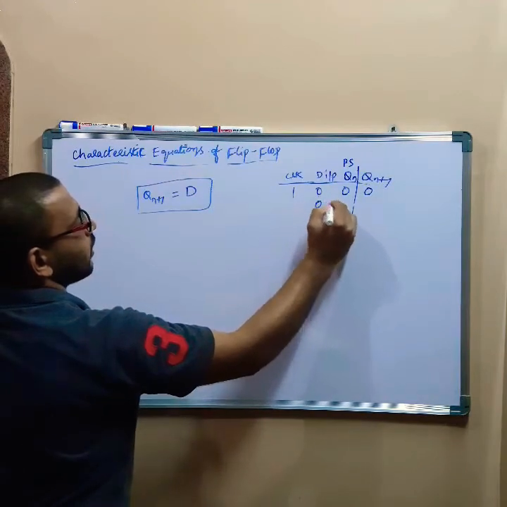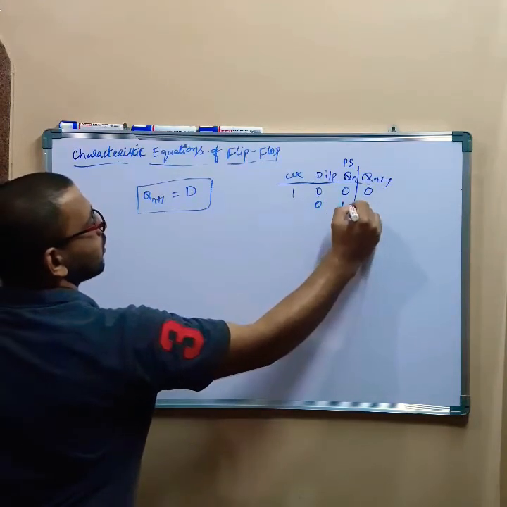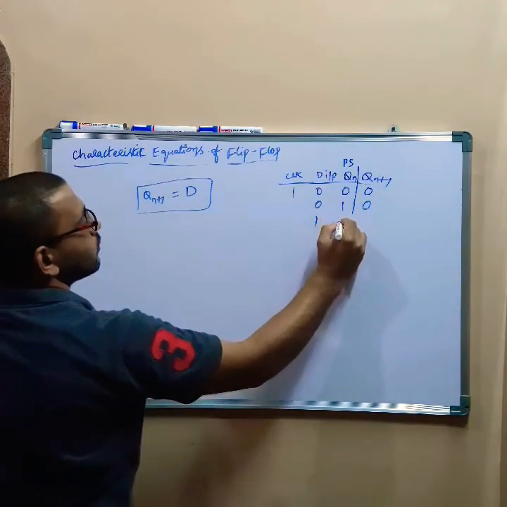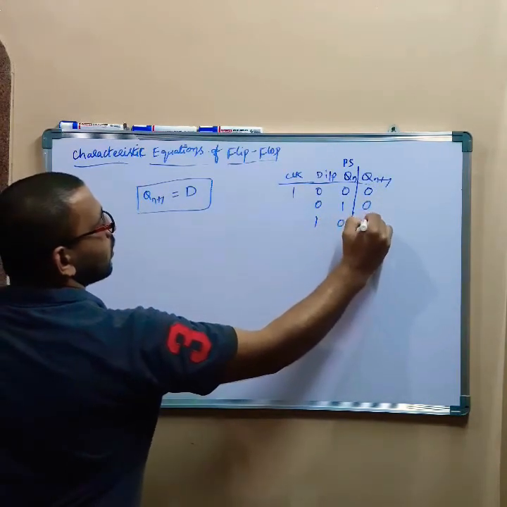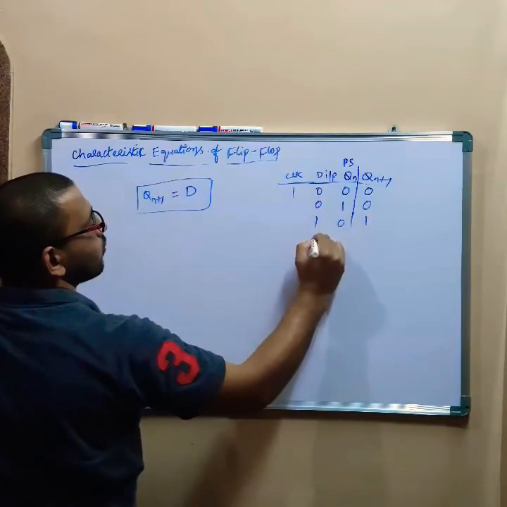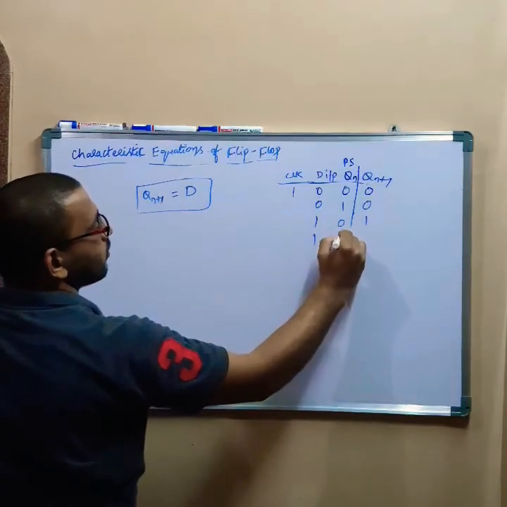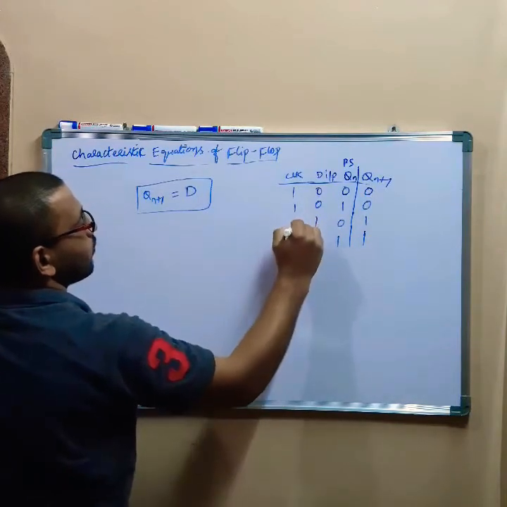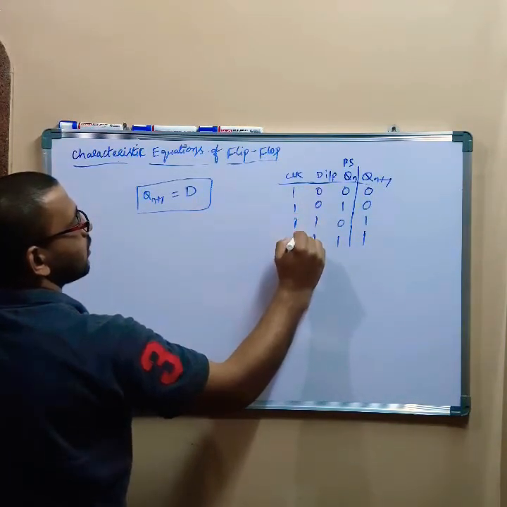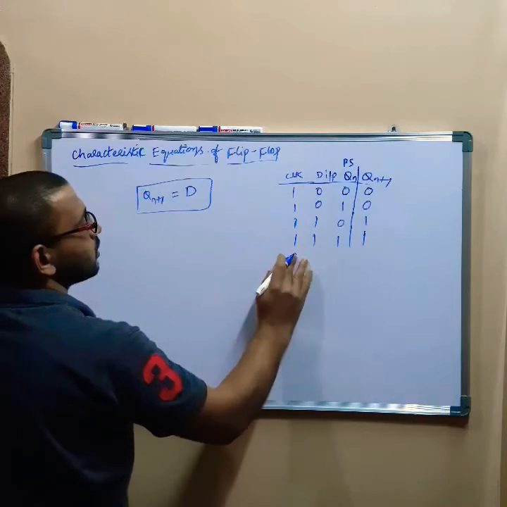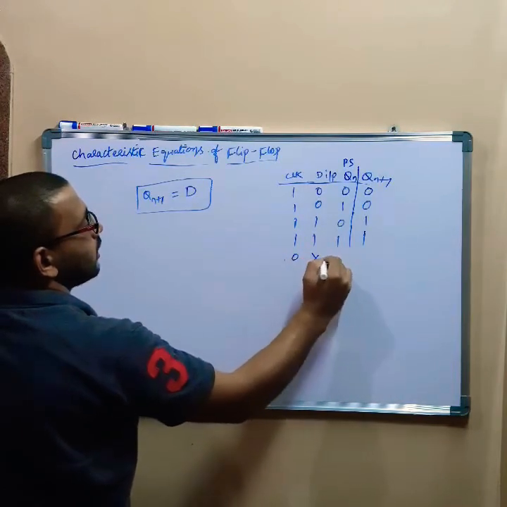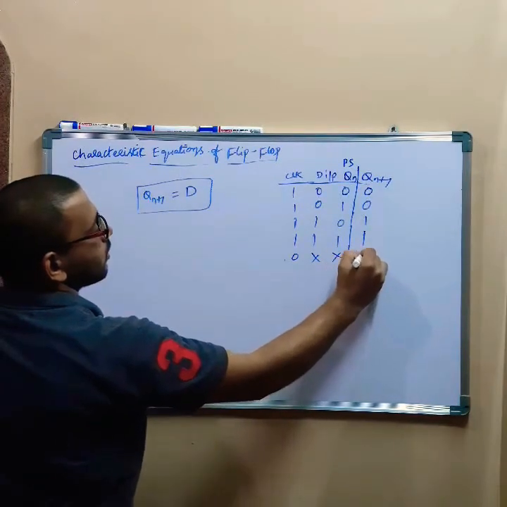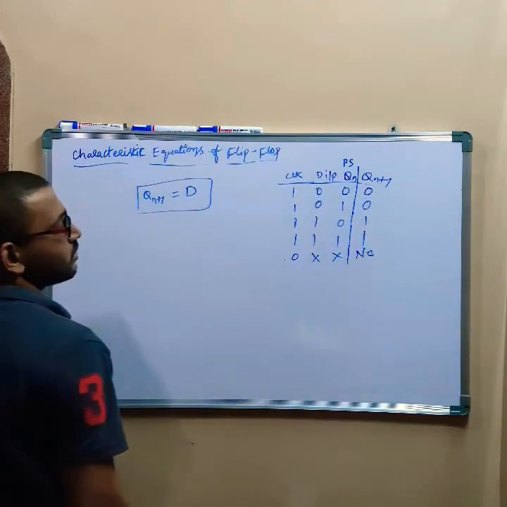When D is 1, Qn plus 1 is equal to 1. When D is 1, whatever may be the past output, the next state is 1 if clock pulse is present. If there is no clock pulse, whatever the D input you apply and whatever may be the past output, it is acting as no change state.